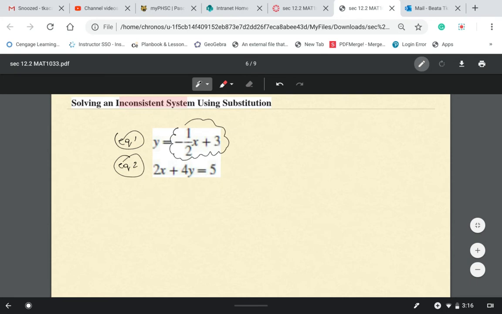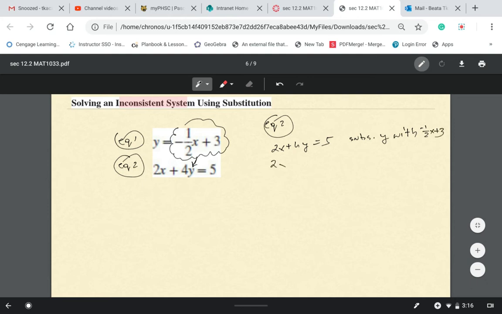So I'm going to skip step 1, and I'm going to replace y in the second equation with negative 1 half x plus 3. So we're going to start working with equation 2, which is 2x plus 4y equal 5, and substitute y with negative 1 half x plus 3.